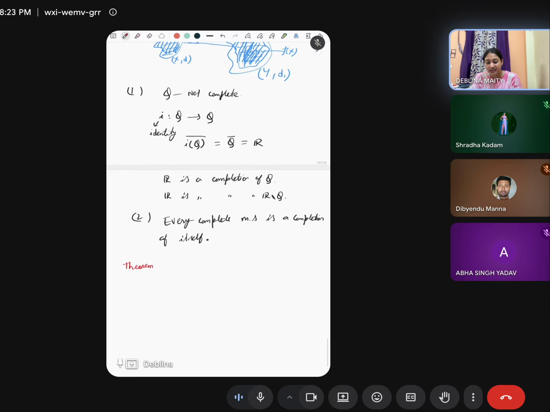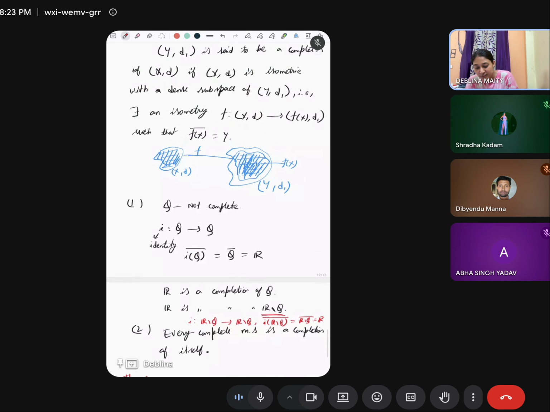Here the isometry, the function I am taking, is the identity. So for R minus Q, I maps R minus Q to R minus Q, right? So the image of R minus Q is dense in R. The image of the isometry has to be dense in the space, so it depends on the mapping.